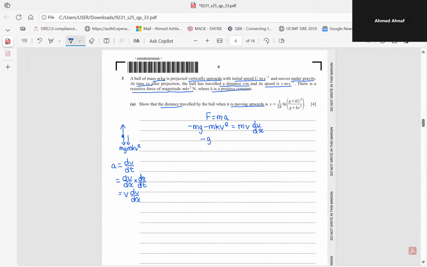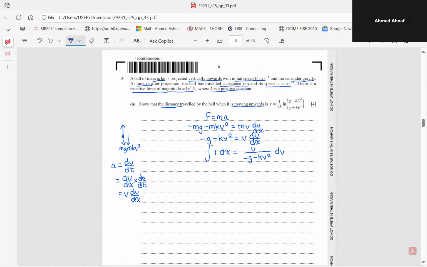So that's just minus g minus kv squared equals v dv over dx. Okay, so now we have a differential equation that we can separate. So let's bring all the v terms to the right-hand side and move the dx to the left-hand side. So we get dx equals v over minus g minus kv squared dv.